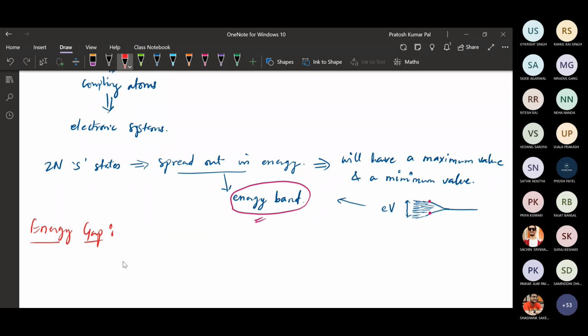This energy gap is also called the forbidden gap.